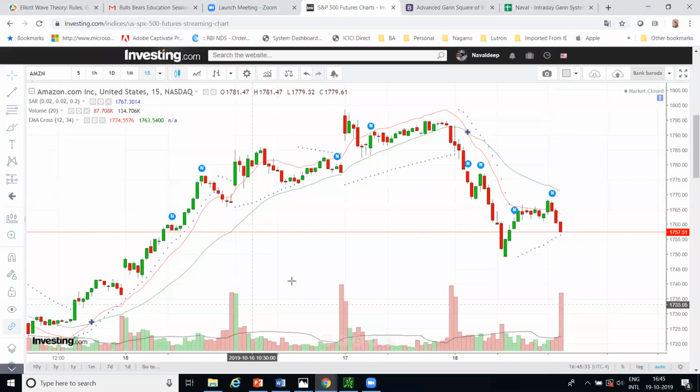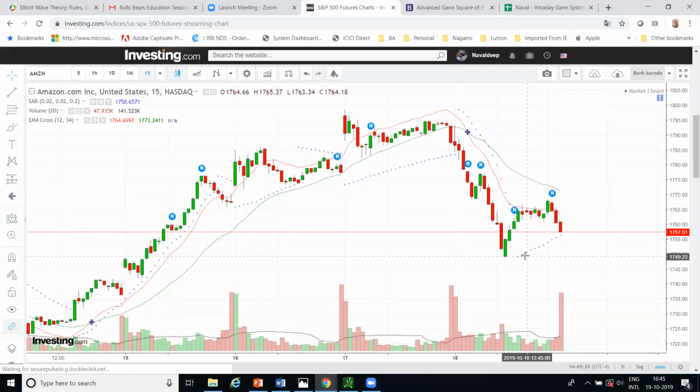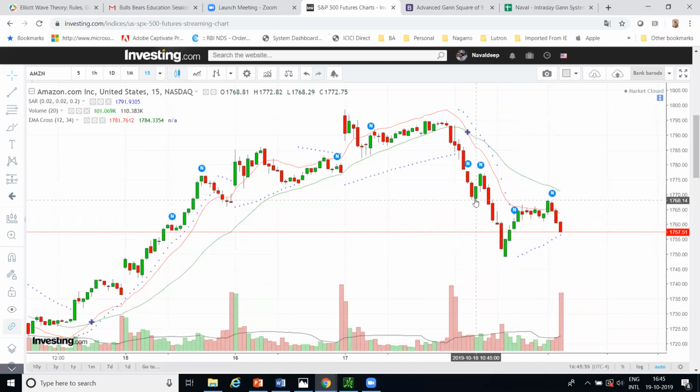Yesterday when I gave you the level 1768, this was the candle when it was at 1768 something. I told you it will find a support near 1768 in the morning, and then it tries to reach up and then fell down.